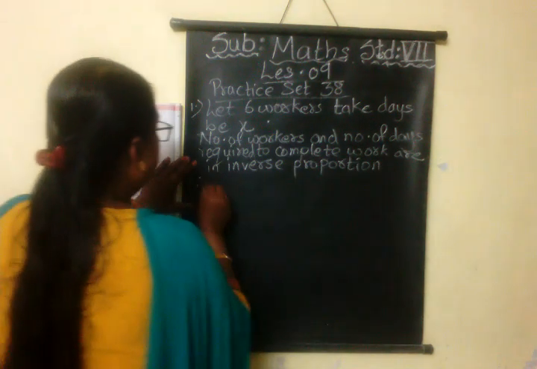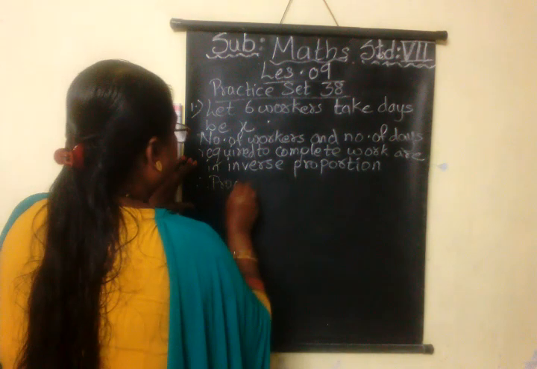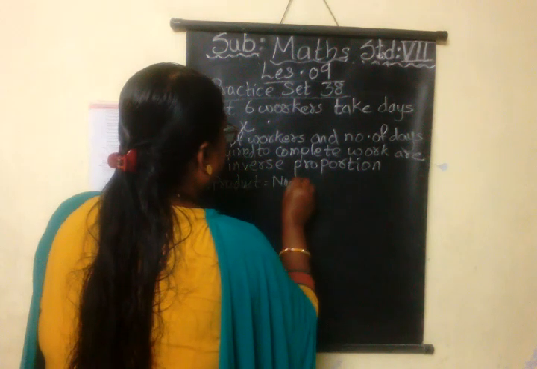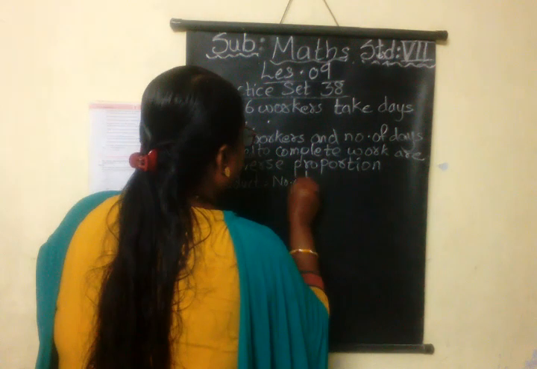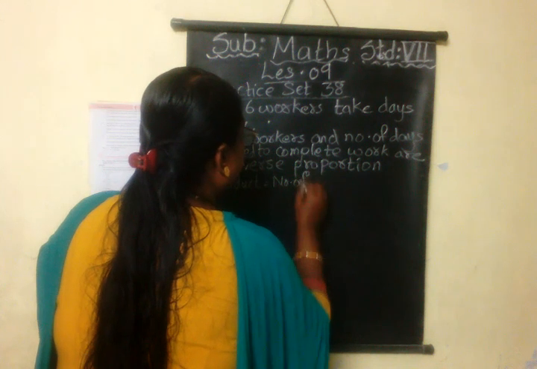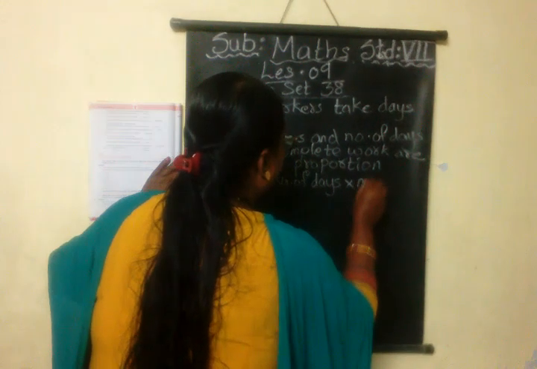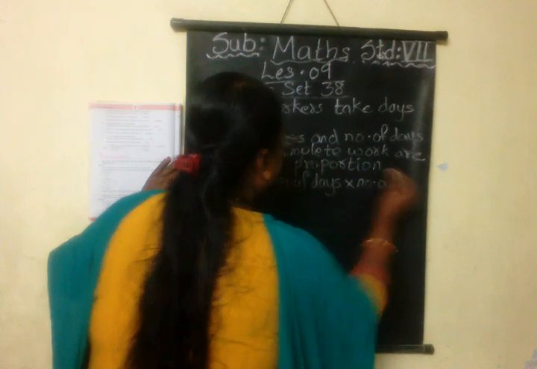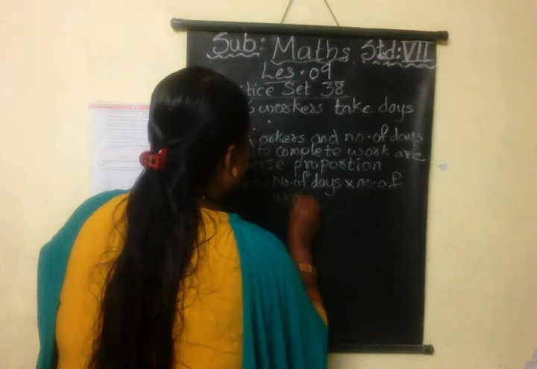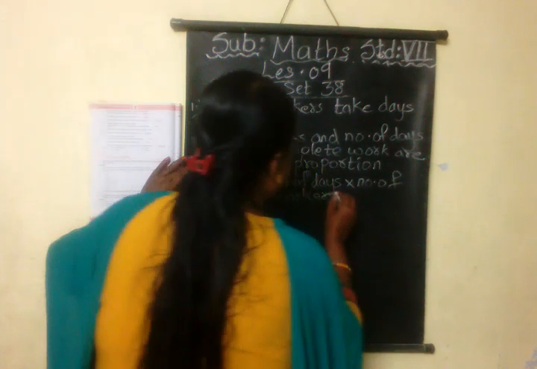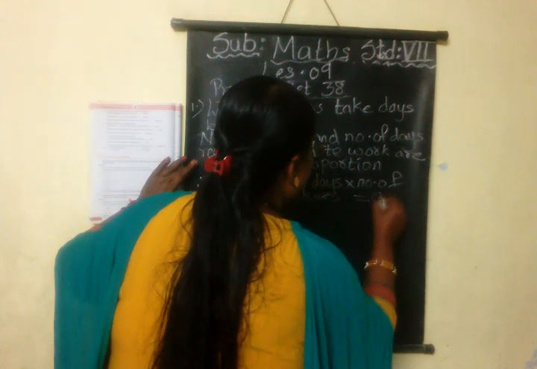So therefore the product of number of days into number of workers is equal to a constant.